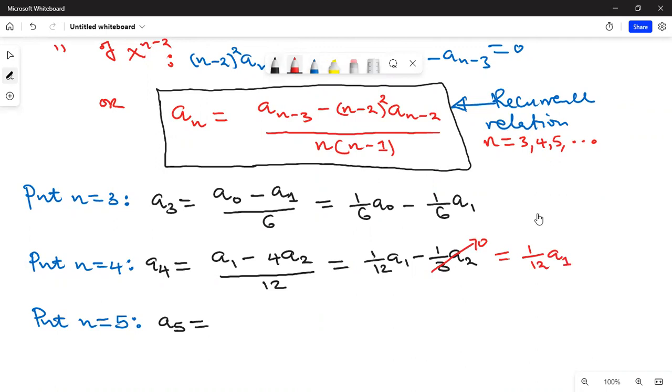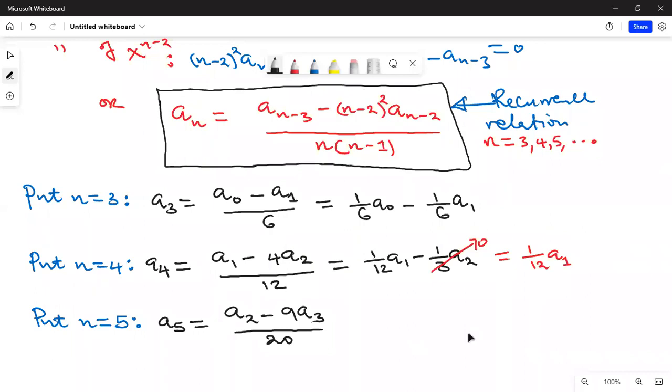Let's get a5. It will be a2 minus, now 5 minus 2, that is 3 squared, that will be 9, a3. Then everything you divide by, we are substituting 5, so 5 times 4, that will give us 20. Now, once we substitute that, we need to simplify.